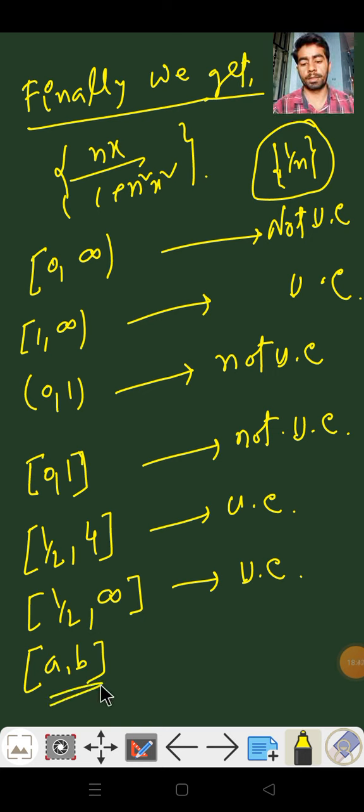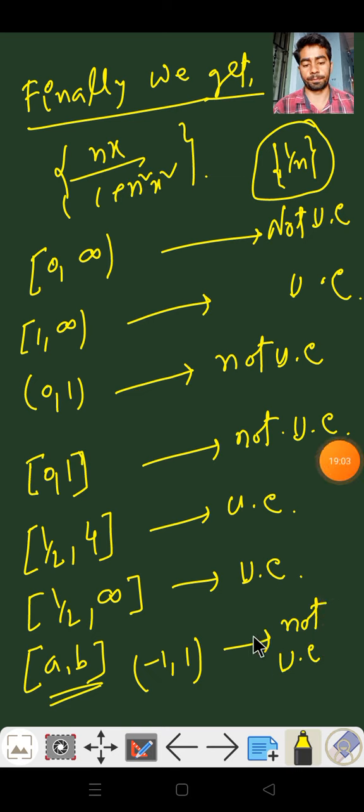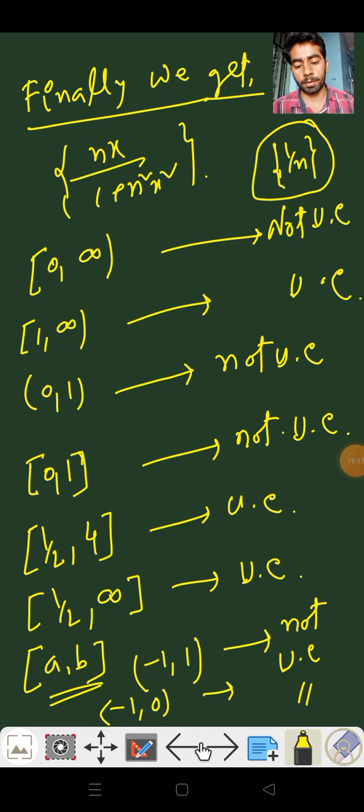This is a subset of R; any interval containing 0 will not be UC. It may be that -1 to 1 contains 0, then it is not UC, and -1 to 0, for the same reason it will not be UC. Other than this type of interval, it will be UC.